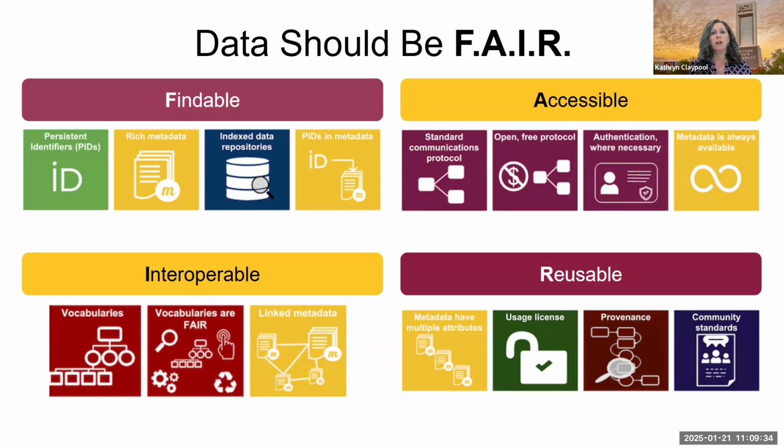Data management and sharing, or data publishing, is all about the reusability, the accessibility, the reproducibility, and the transparency around what you've done. So having your metadata have multiple attributes. The usage license is something that's really important, and there's a lot of information on the ASU library about the different types of licenses that you can save your data under in repositories, and maybe having community standards.